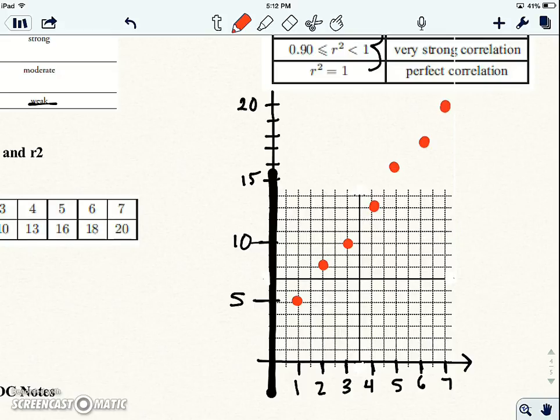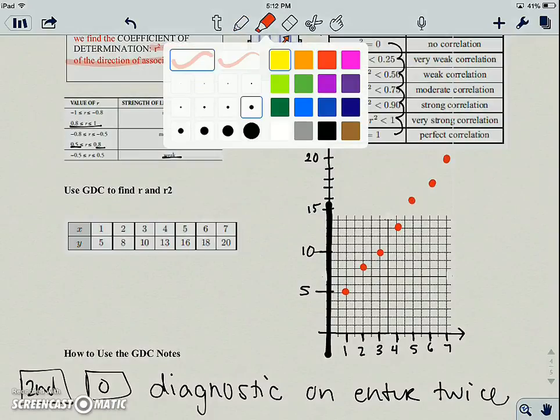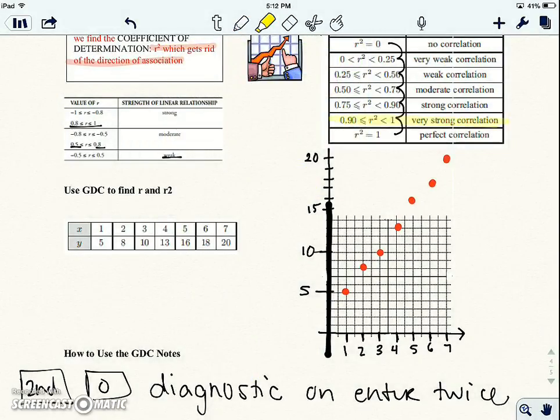Okay, so they're almost a straight line. You would expect the R to be very, very strong, between 0.9 and 1. And let's find not only the R and the R squared, but everything.